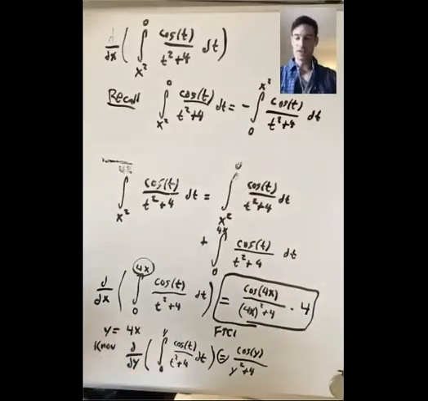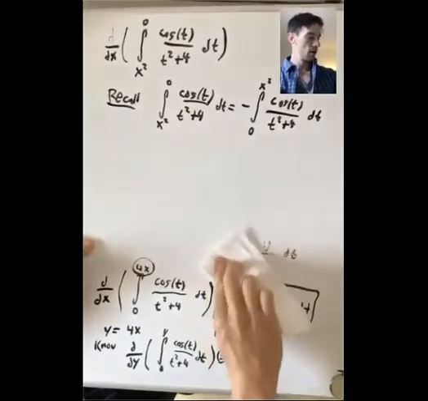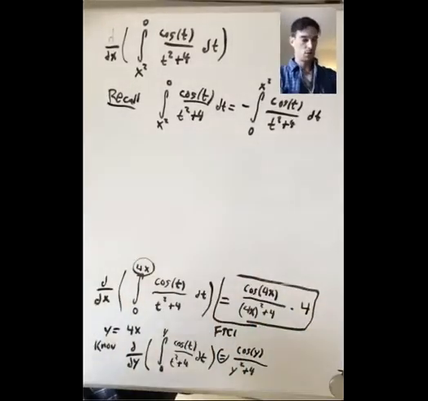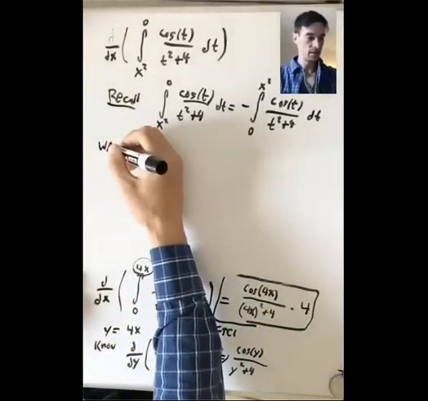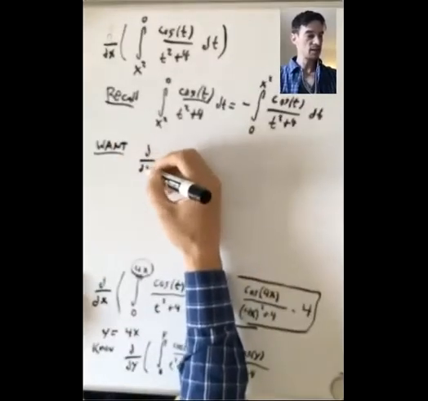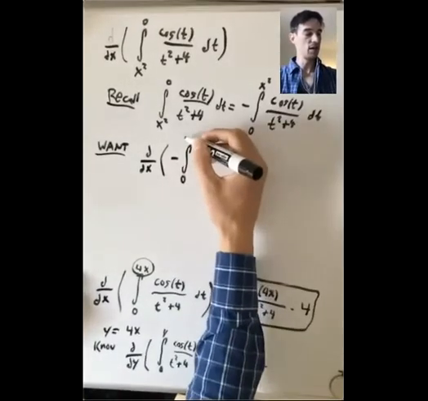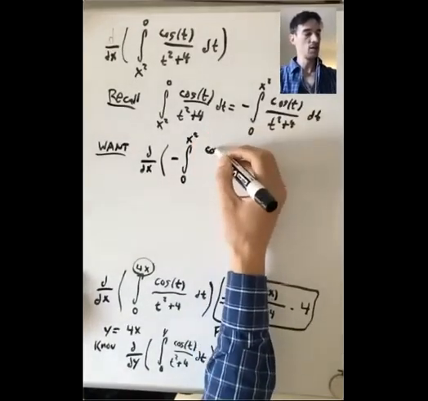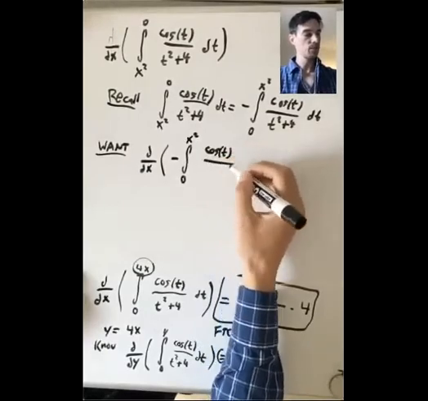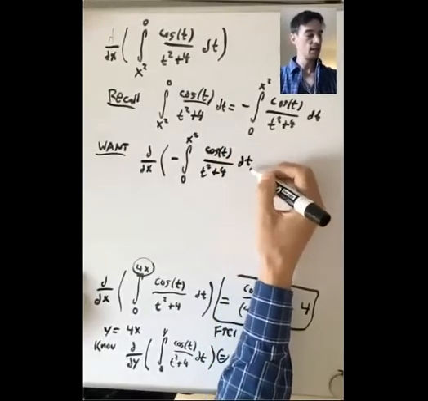So what we want is d dx of the negative integral from 0 to x squared of cosine t over t squared plus 4 dt.